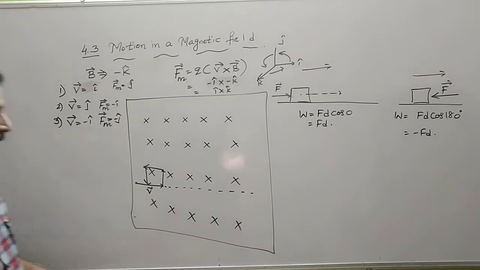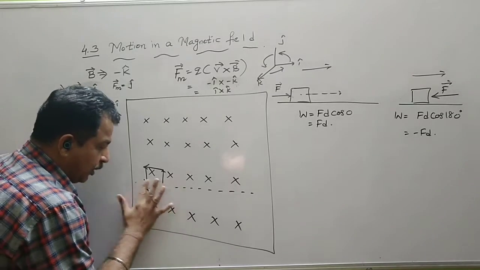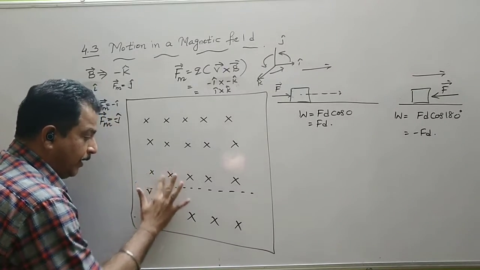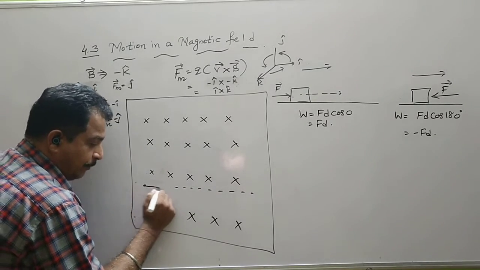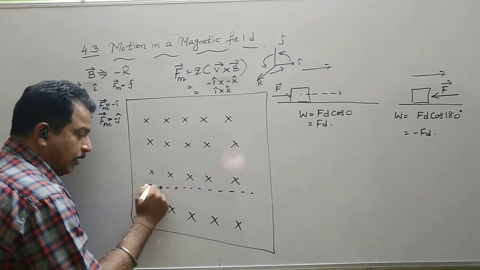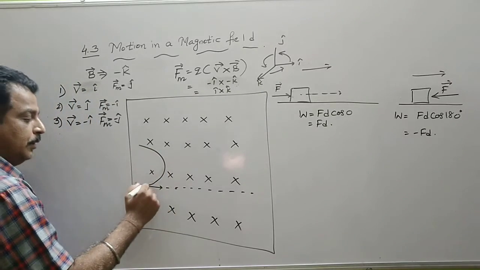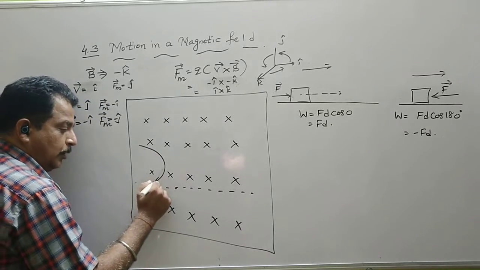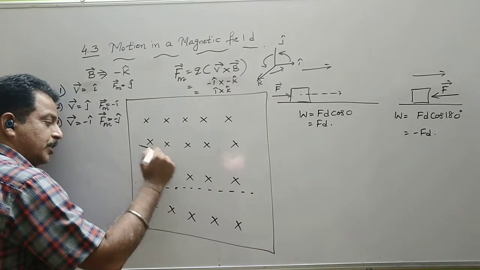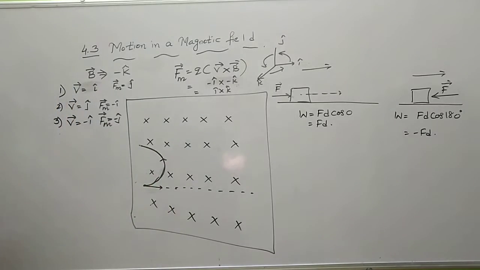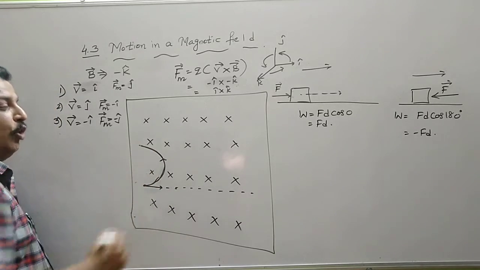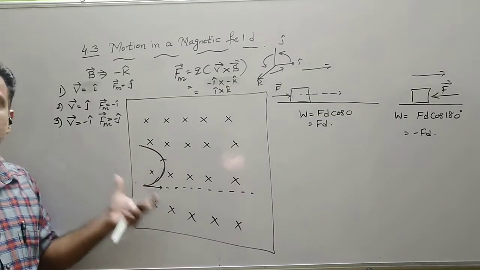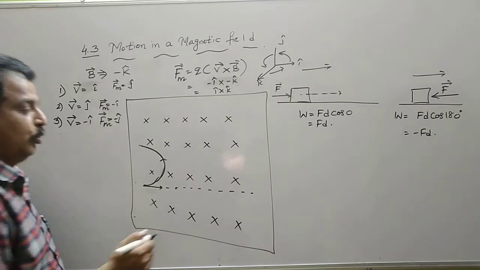So if I apply this, or if I draw this diagram, what will happen? As soon as the charged particle enters the magnetic field, it will perform a circular motion, or the path becomes curved in this case. So if I complete this, if there is a magnetic field all around, the particle will perform a uniform circular motion.